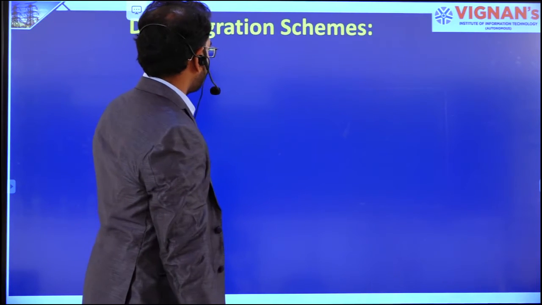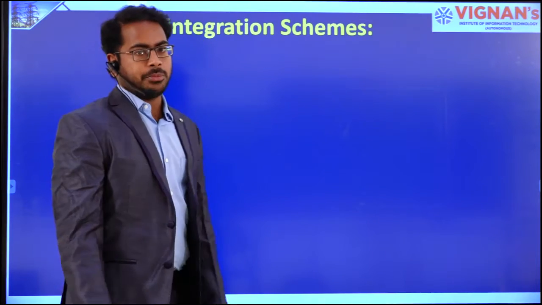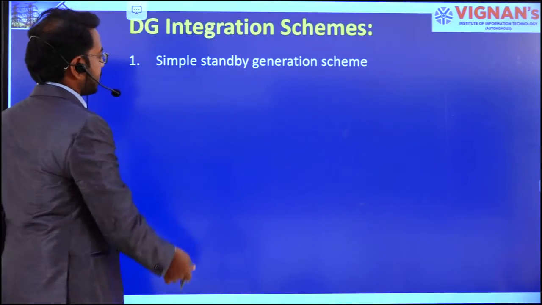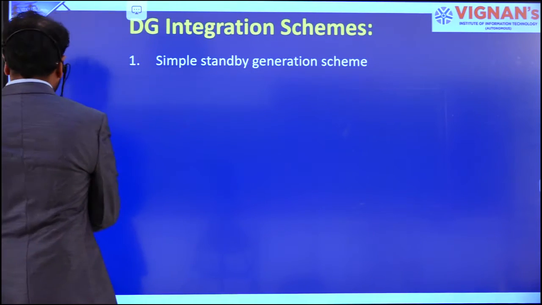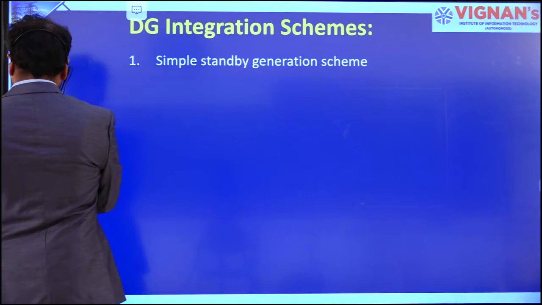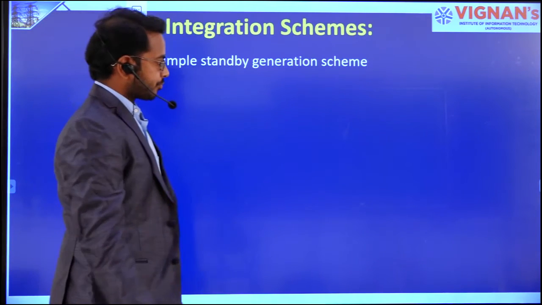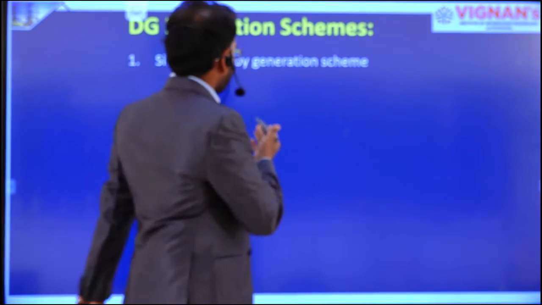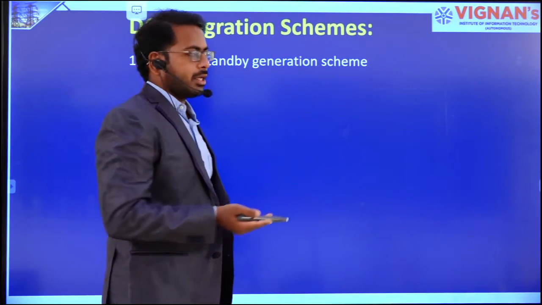The next one is DG integration schemes. We have a few different schemes. The first one is the simple standby generation scheme. Simple standby generation scheme means you have a local DG, that we can take as a simple standby generation scheme.